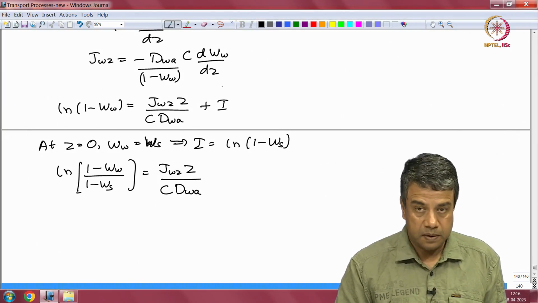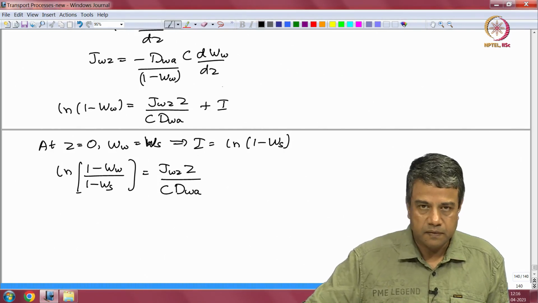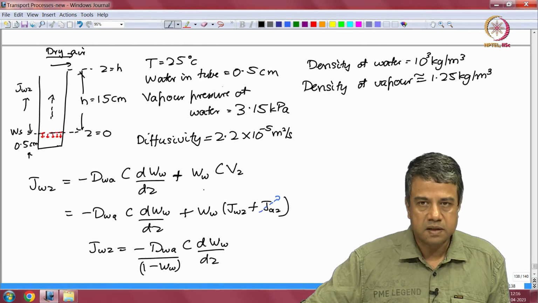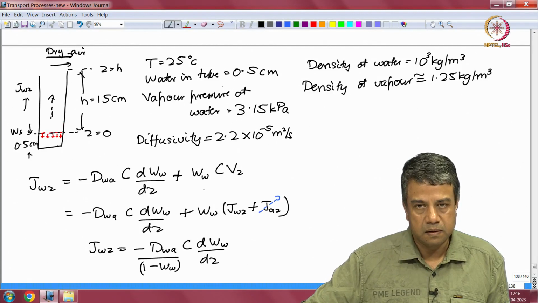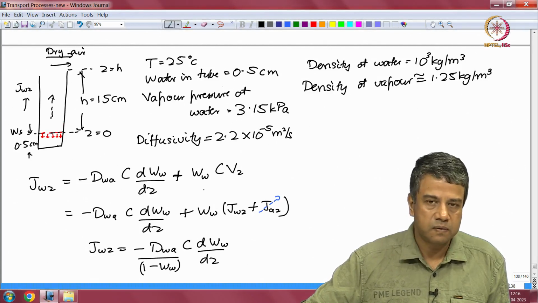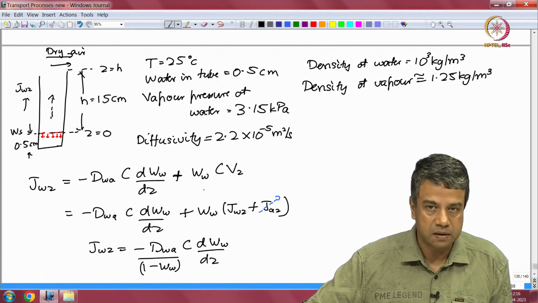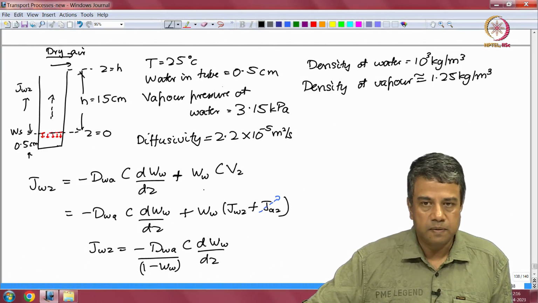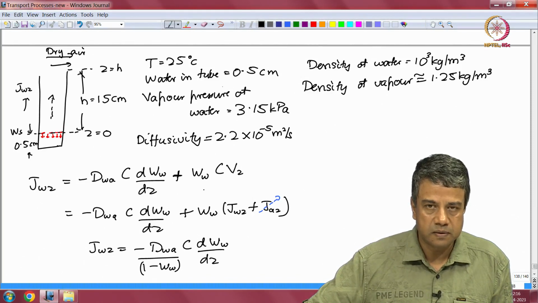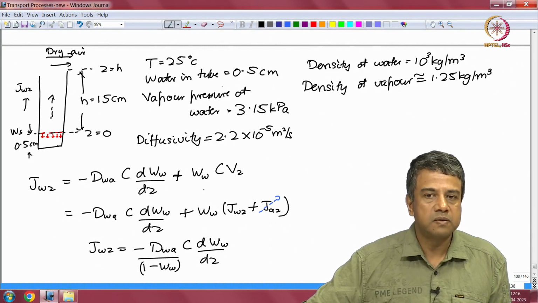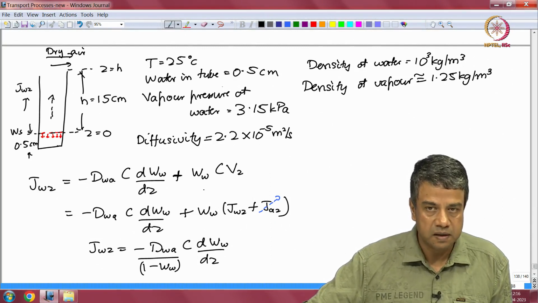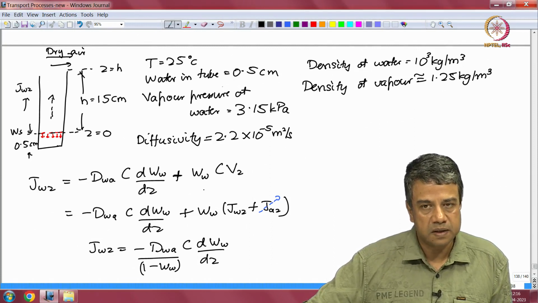At the top of the glass tube, there is dry air, so the mole fraction of water has to be equal to 0 at the top. At the bottom, the mole fraction will be the saturation mole fraction, which is the vapor pressure divided by the total pressure.